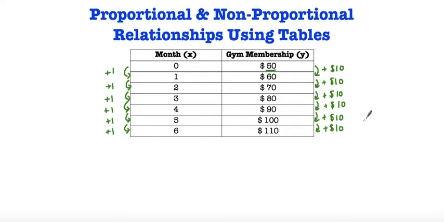All right, so even though we could tell here using our table that we're paying $10 in addition to our initial fee every month, after the first month we're paying $60, which includes the initial fee and the cost per month. So I'm going to write down that rate. $60 is the amount we pay after 1 month. After 2 months, we pay $70.